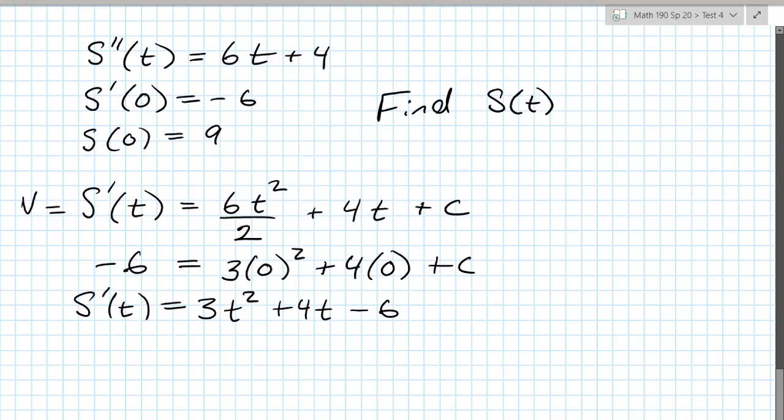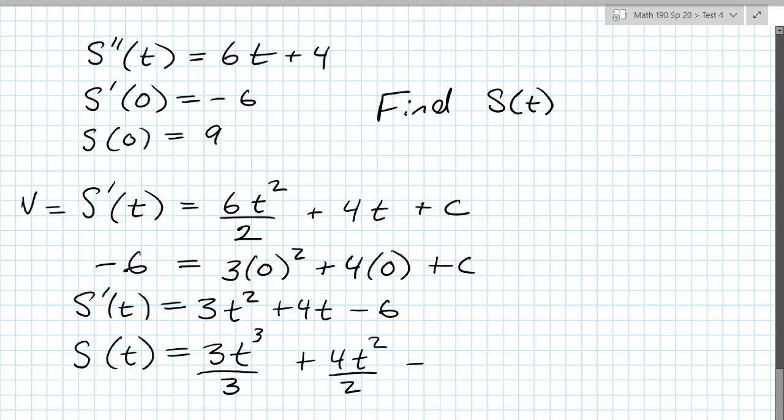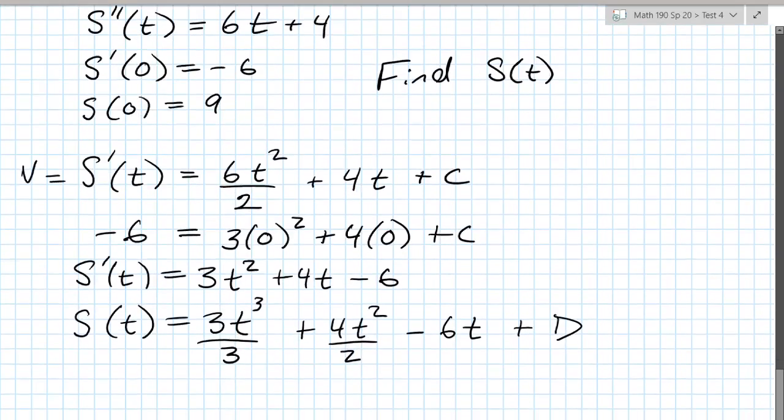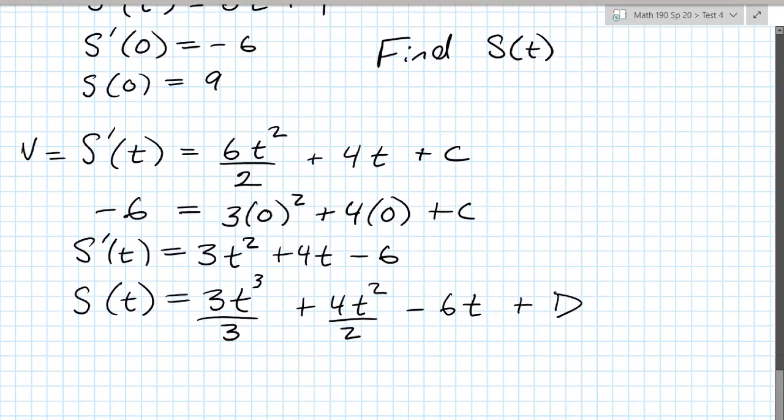We can find the antiderivative of that using the power rule, bringing us to the position function. 3t cubed divided by 3 plus 4t squared divided by 2 minus 6t plus, we can use c again, but I'm going to use d because that's a new letter, and it represents a new constant.